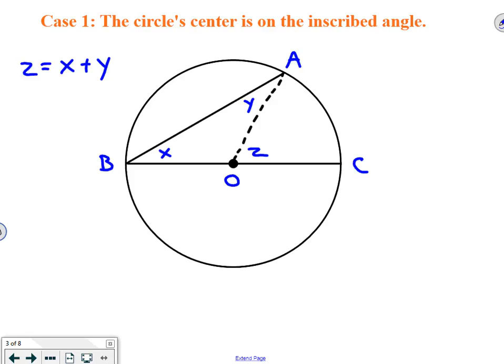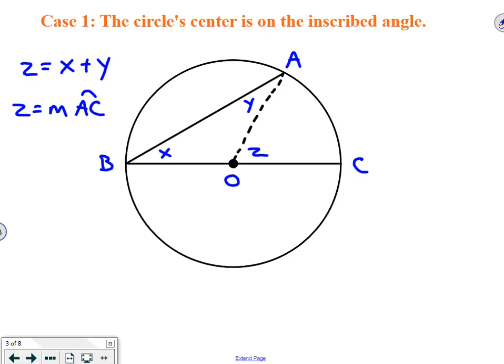Now, we're not actually writing the proof yet, we're just jotting down notes. We also know that by the definition of arc measure, the measure of the central angle, which in this case is z, would be equal to the measure of its intercepted arc, which in this case is arc AC. So maybe those play into the proof, we have to keep brainstorming.